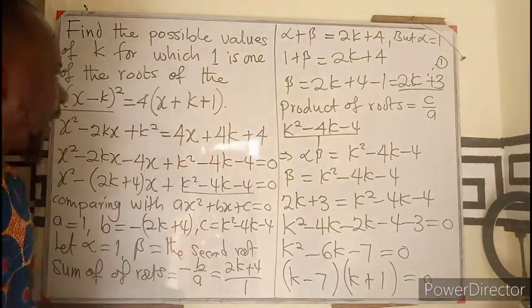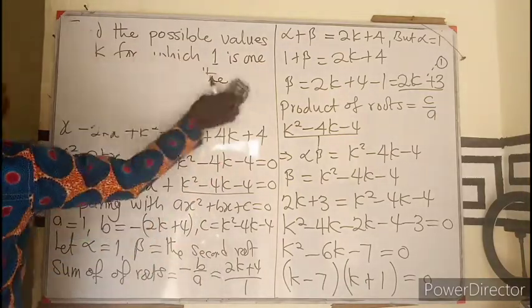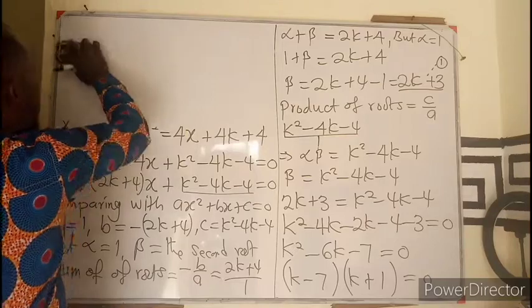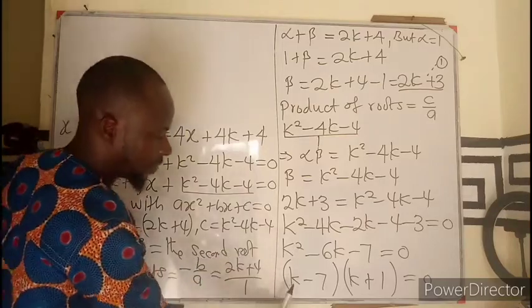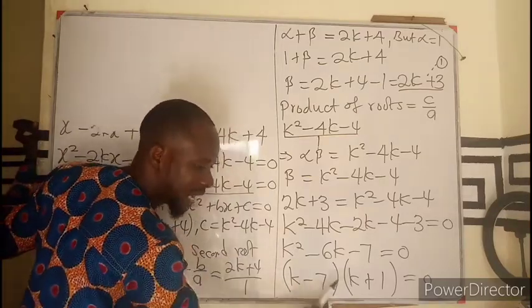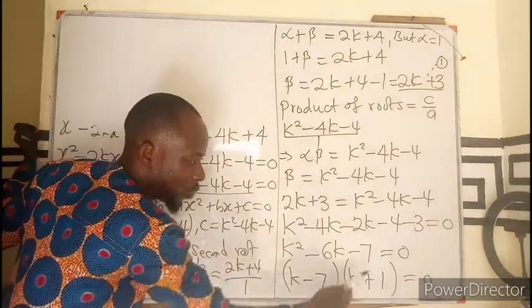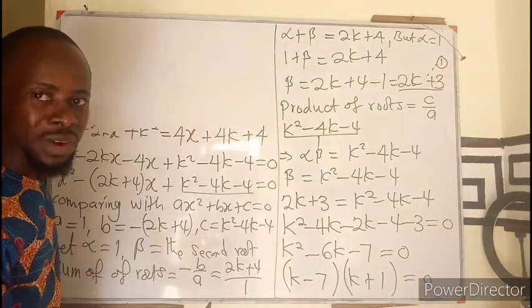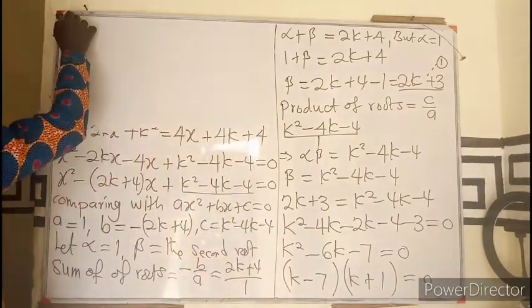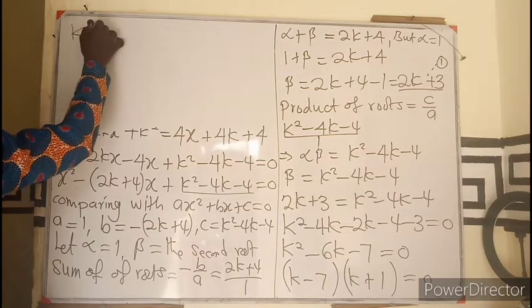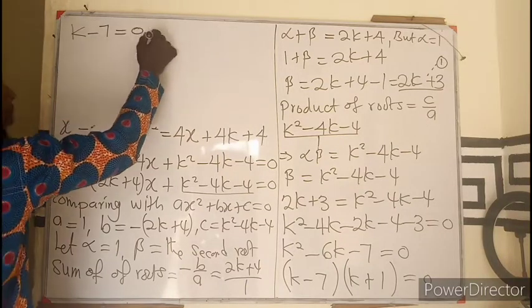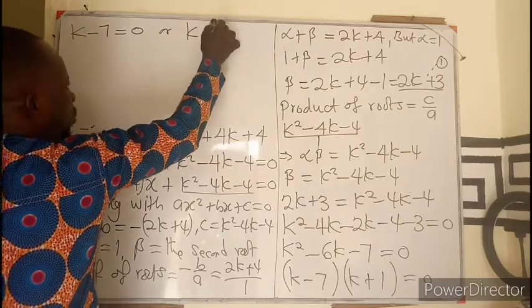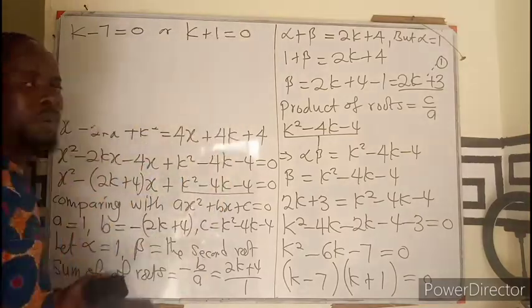But you're looking for k. So we continue to say that if I have two numbers multiplying, the product of two numbers, that is equal to 0, that simply means that one of the numbers is 0, meaning k minus 7 is equal to 0, or k plus 1 is equal to 0.